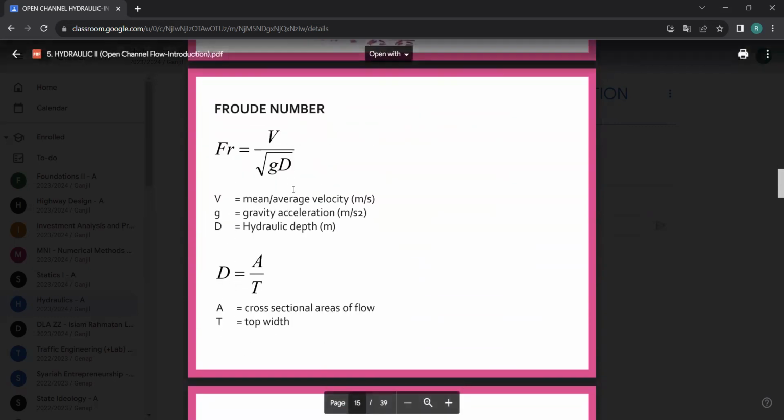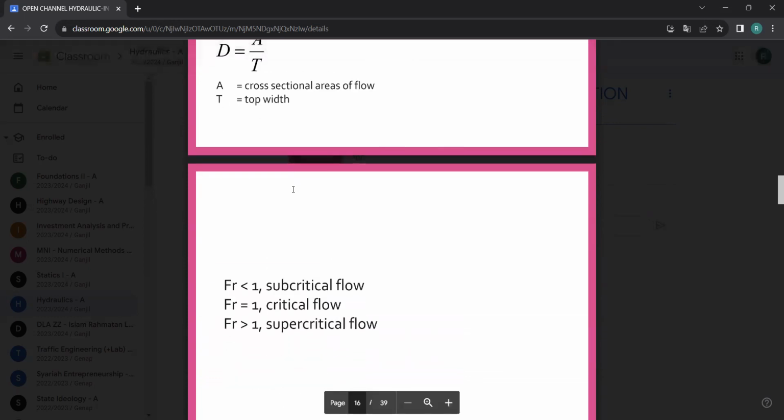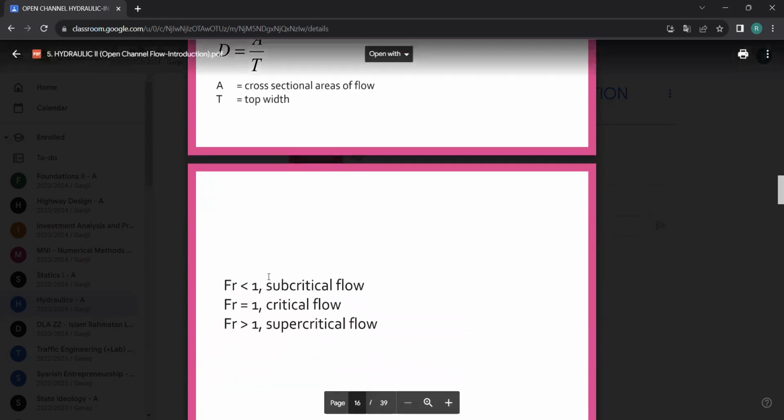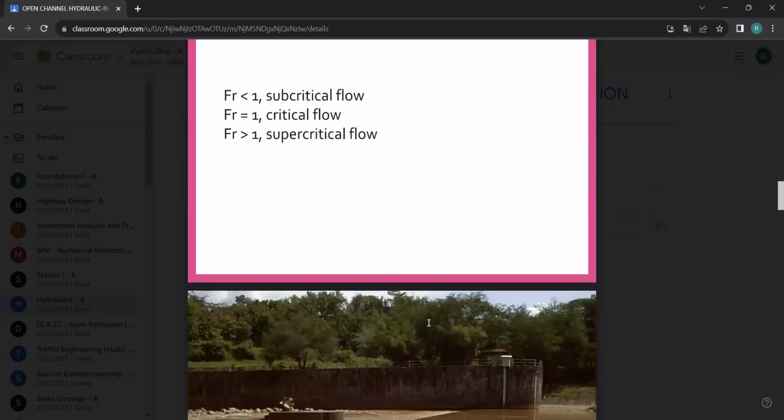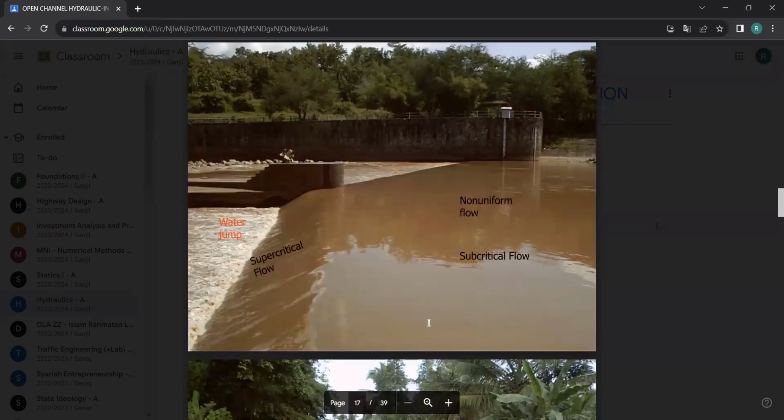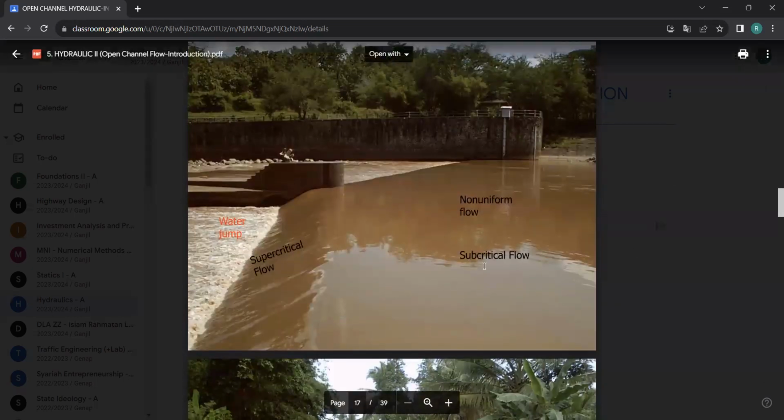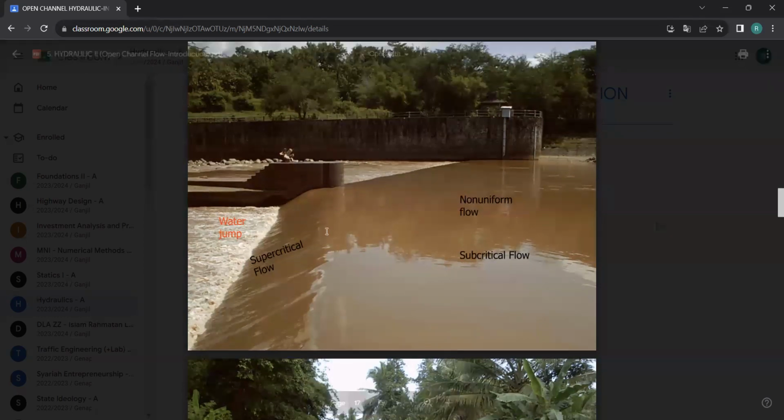This is the formula of Froude number. With Froude number, we can find subcritical, critical, or supercritical flow. This is the subcritical flow, and this is supercritical flow.